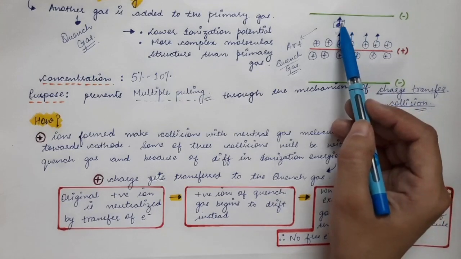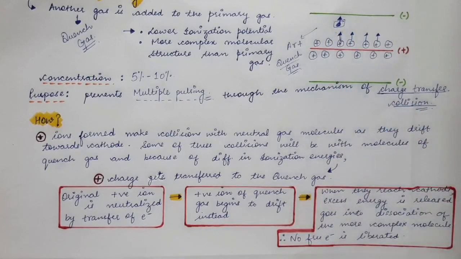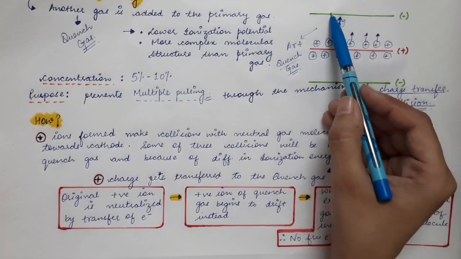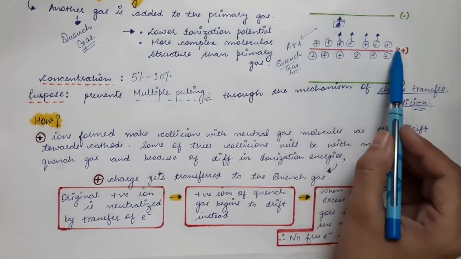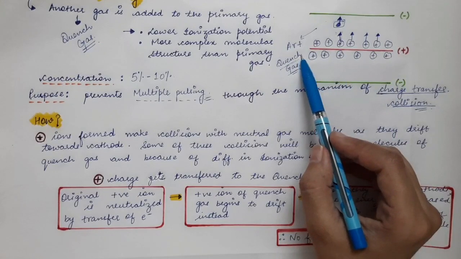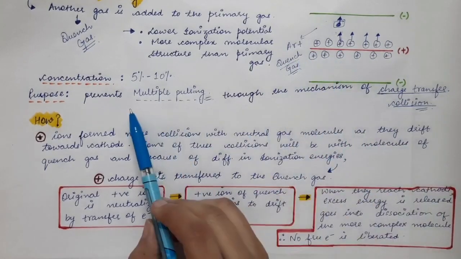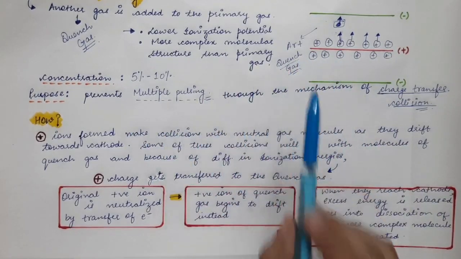Hence no electron is released from the cathode wall, which means no other Geiger discharge will occur, and you have prevented multiple pulsing using a quench gas.